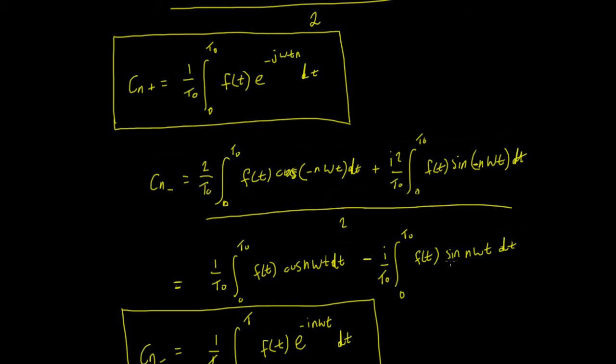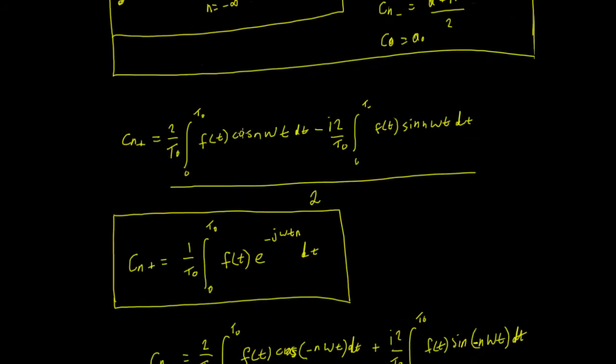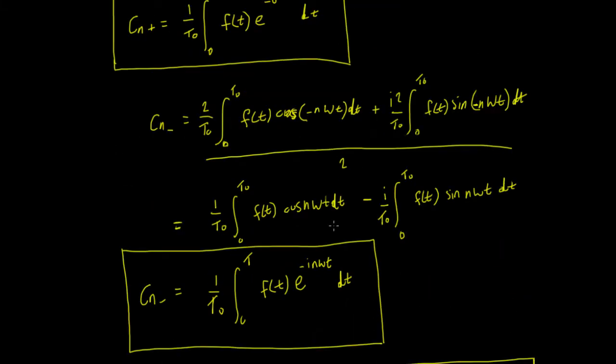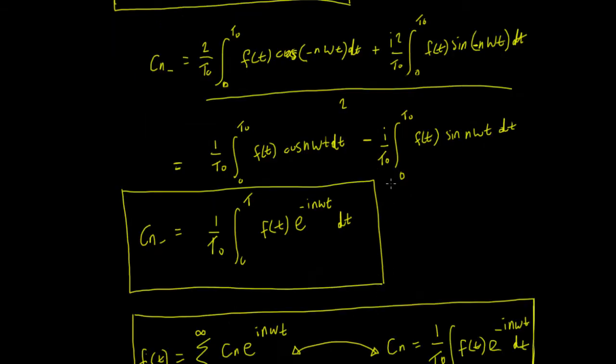So this negative comes out, and that just changes there to sin n omega t. So that there is just the same format as in the previous one that we looked at up here. So divided by 2, and the 2s cancel out, so we end up with again 1 upon t naught, the integral from 0 to t naught of f of t e to the minus j n omega t dt. So Cn plus and Cn minus are the same, which is good.